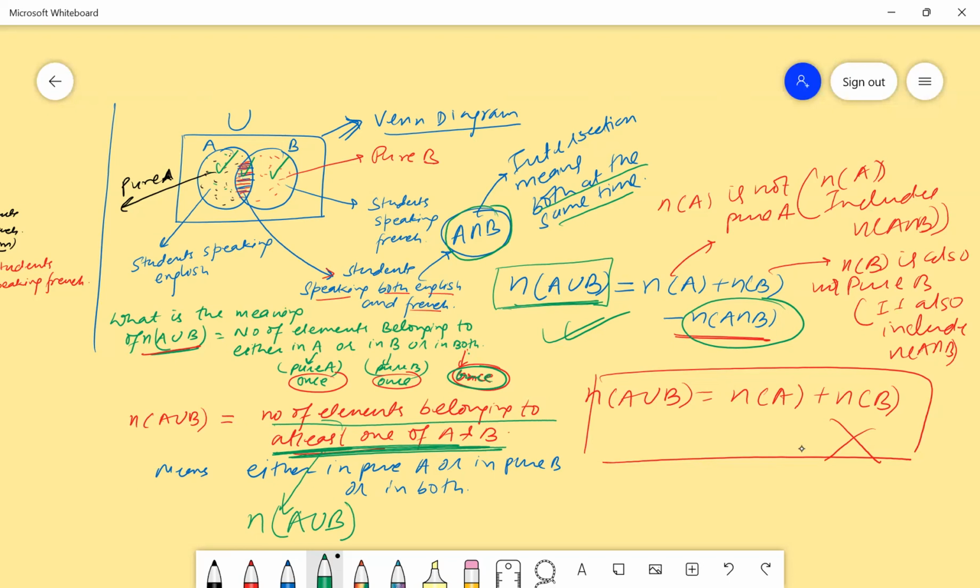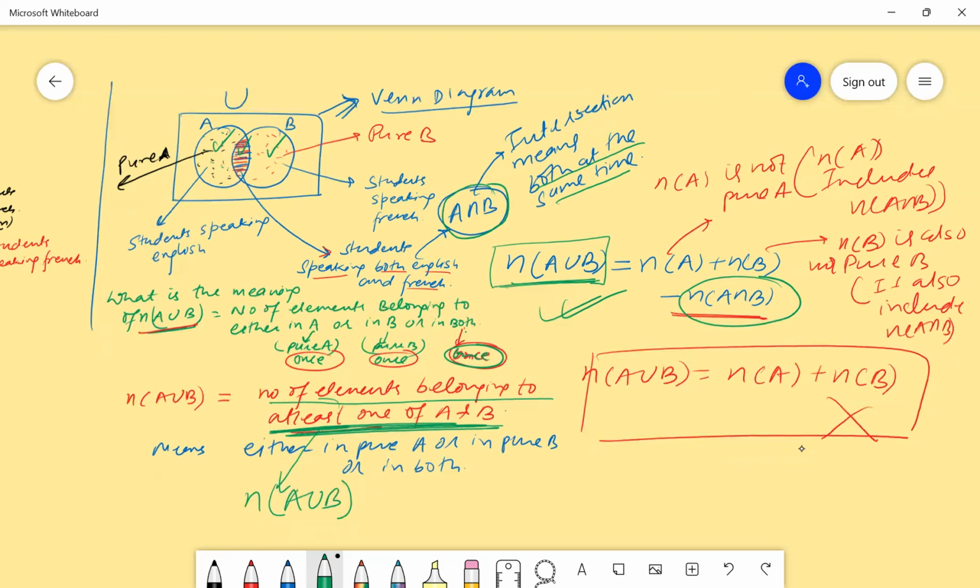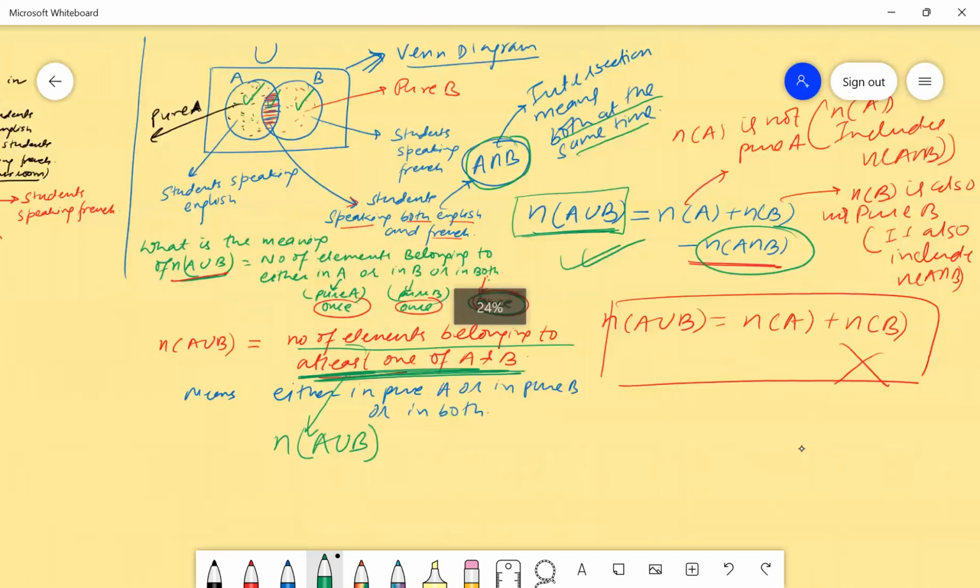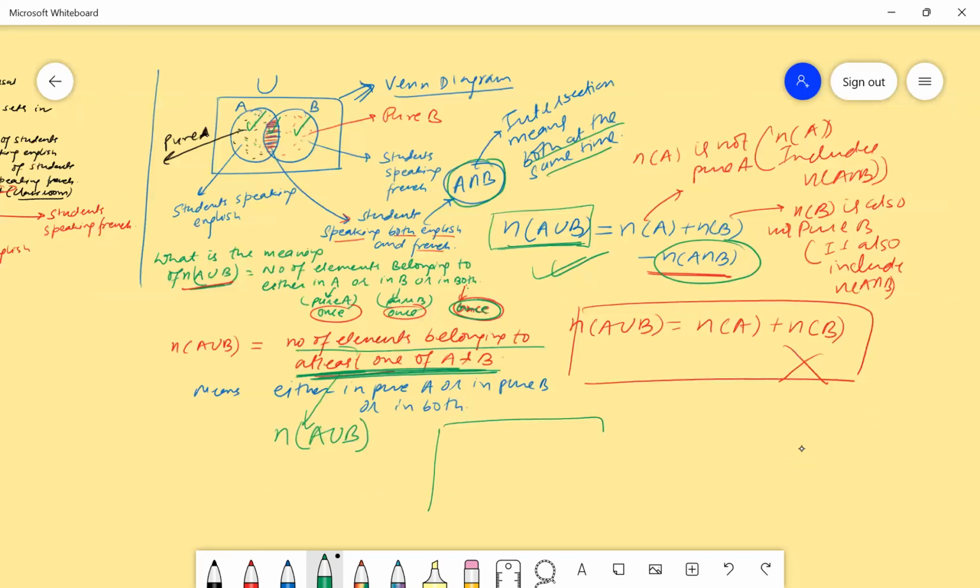And if you understand this, then in my next lecture I will explain what N(A union B union C) is. Suppose there are three circles. I will explain the meaning of N(A union B union C) in my next lecture.